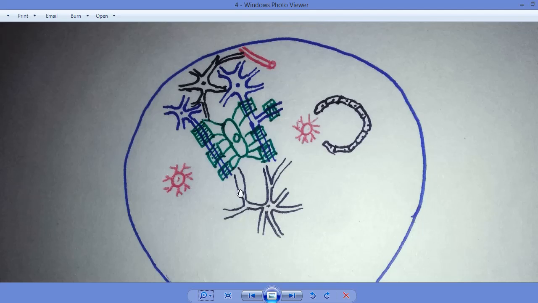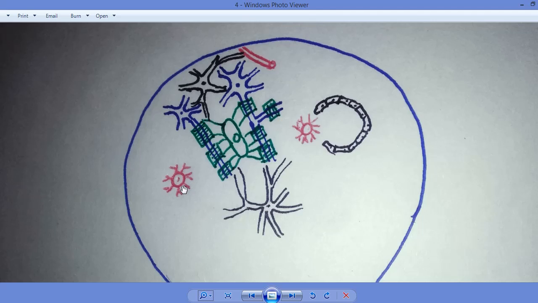Now coming to the next cell, the microglia. These are the microglia, small cells. This is also a microglia, a small cell inside the central nervous system, which is not fixed in its own position. It changes its position throughout its life inside the central nervous system. It goes from one place to another, because it is the macrophage of the central nervous system.